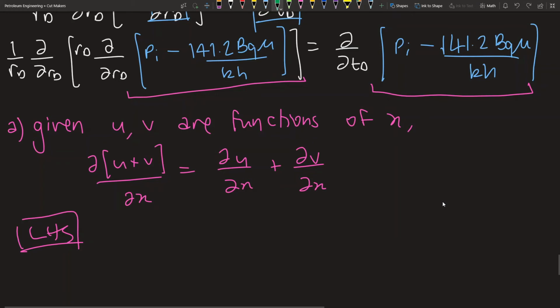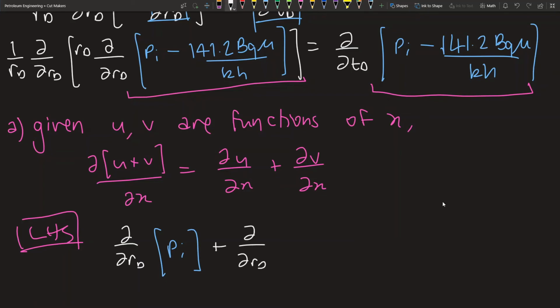Okay, that's good, I can switch my colors again. So we can actually rewrite this as dou over dou R sub d of P sub I plus dou over dou R sub d of minus 141.2 BQ mu over KH.